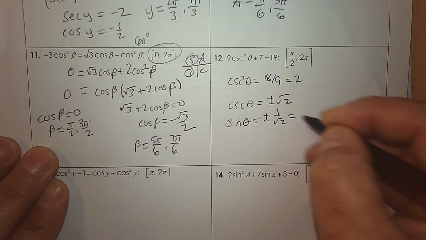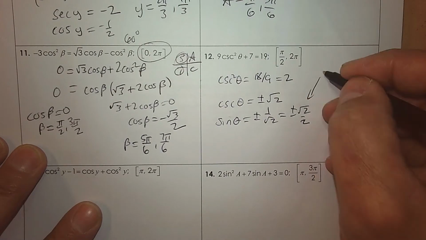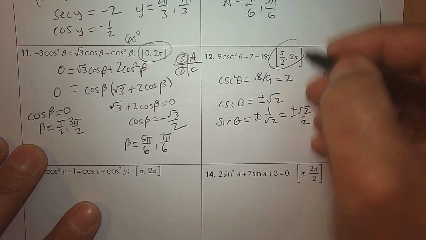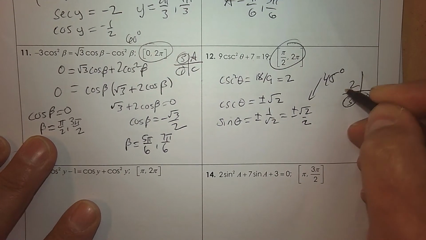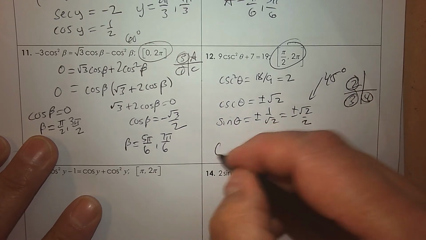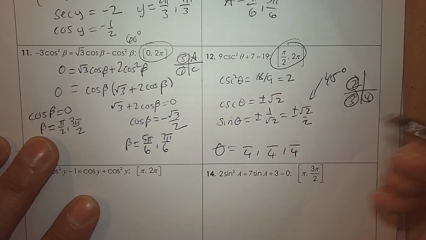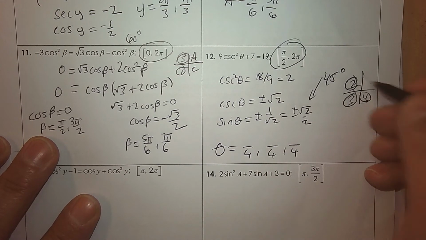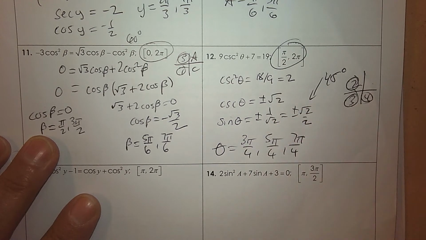And then when you rationalize it, you would see better what the reference angle is. So this reference angle is 45 degrees. Be aware of the quadrant here. We're just talking about 2, 3, and 4, just these quadrants, right? From pi over 2 to 2 pi. So I know the answer is over 4. I know there's 3 angles, but I'm not including quadrant number 1. So it's 3 pi over 4, 5 pi over 4, and 7 pi over 4.